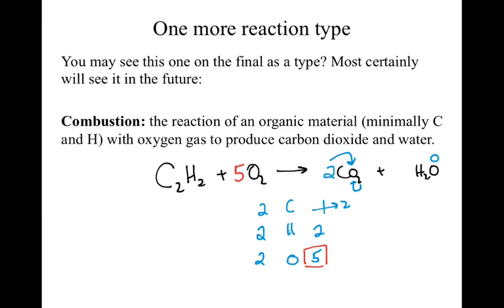What does that mean I now have for my oxygens? Well, I should have 10 oxygens. If we go to the product side, do I have 10 oxygens? No, I don't. Now I could try and balance this out, which, by the way, I hate that method.